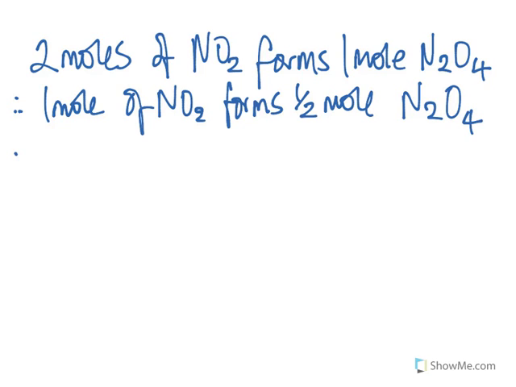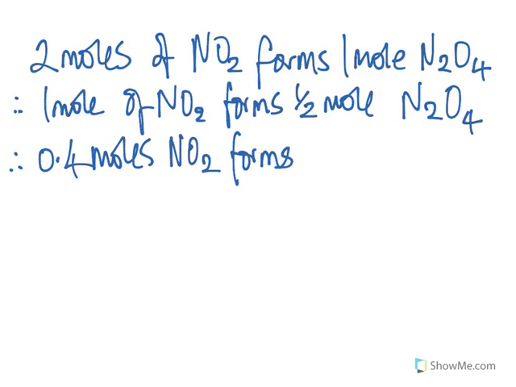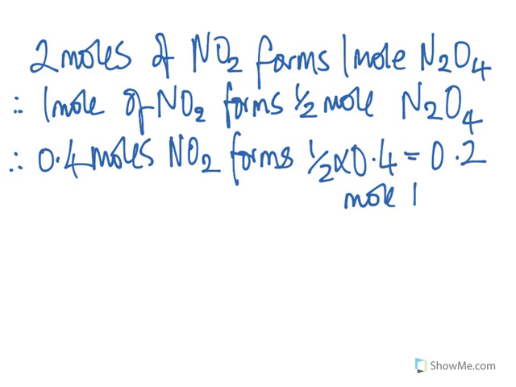But what we actually had reacting was 0.4 moles of NO2. So that's how many that have reacted. So we can see that that's a half times 0.4, which equals 0.2 moles of N2O4 that have been formed. And that is of course per decimeter cubed.